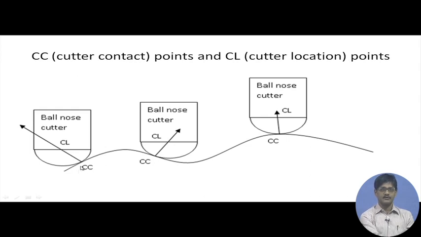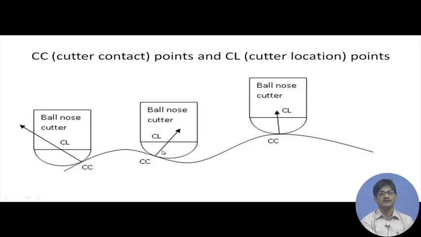So, this is one cutter contact point, this is another, and a third cutter contact point, which shows clearly that cutter contact points are not one steady constant point with respect to the cutter geometry. The cutter contact point might be anywhere. So, if we identify a cutter contact point on the surface, the cutter cannot be uniquely positioned there.